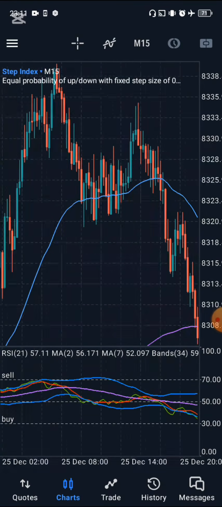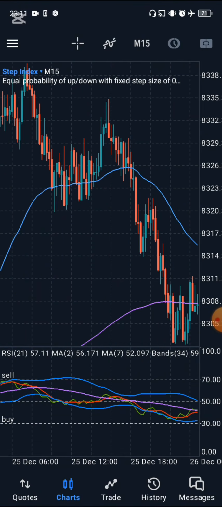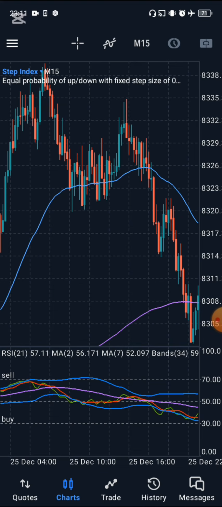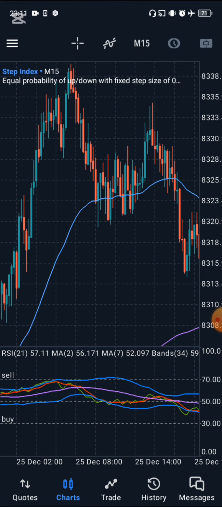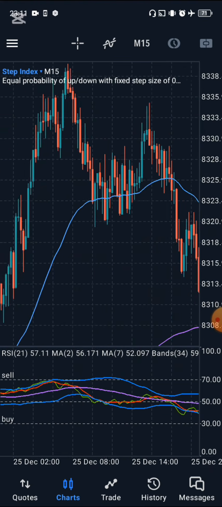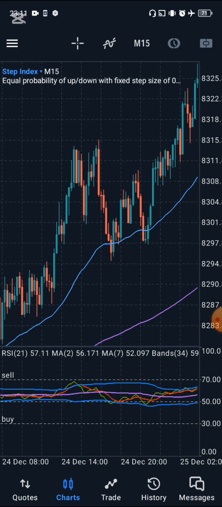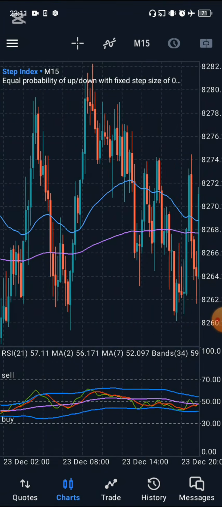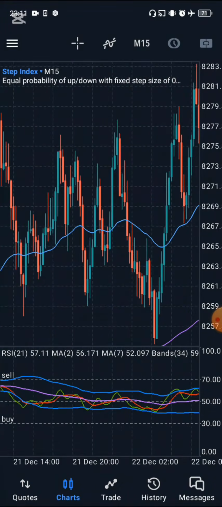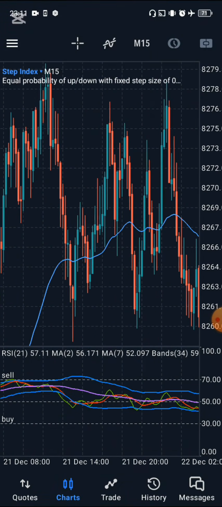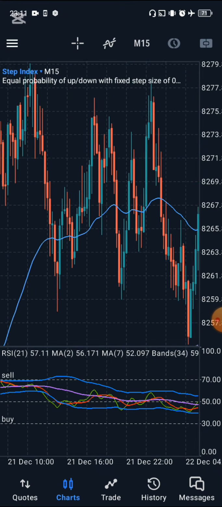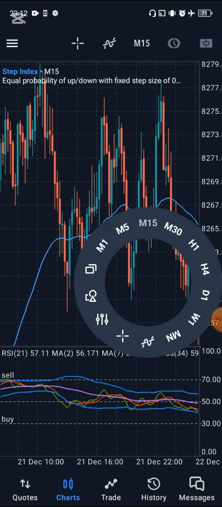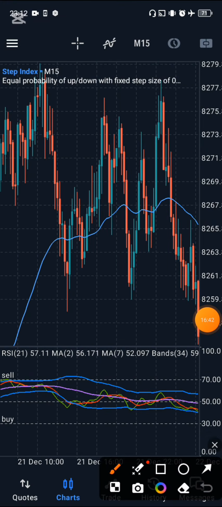Let me look for an example where this didn't really work, where this didn't give us a good signal, a good entry, a false entry. Let me check. Let's take this for example over here, though it worked quite a little for a little while, right?